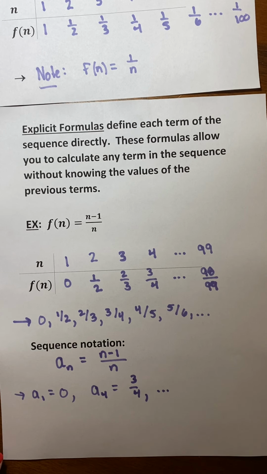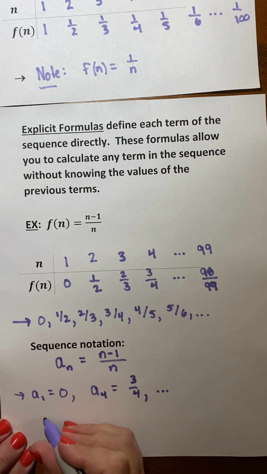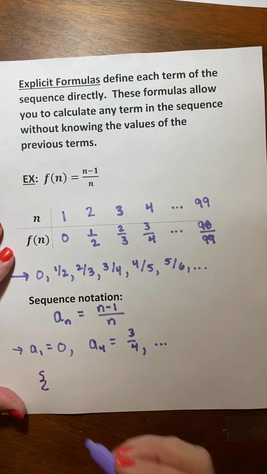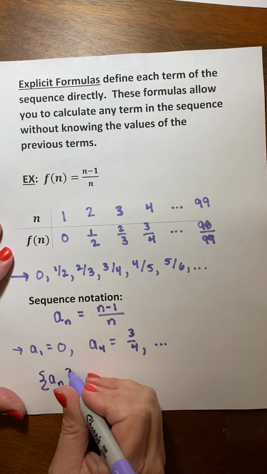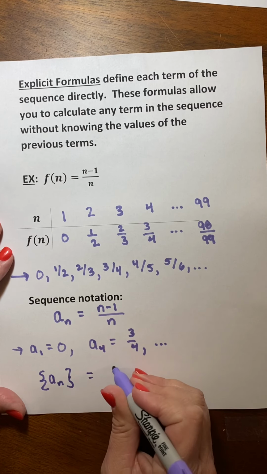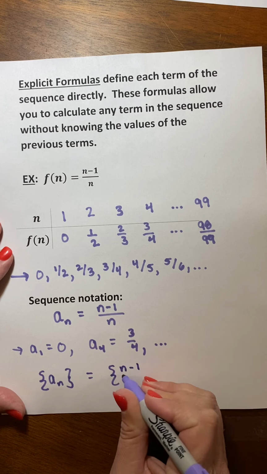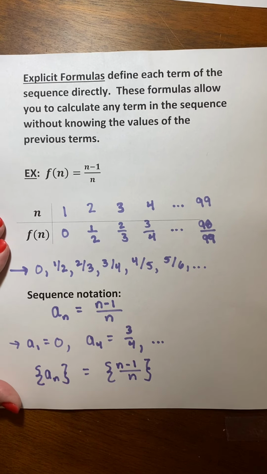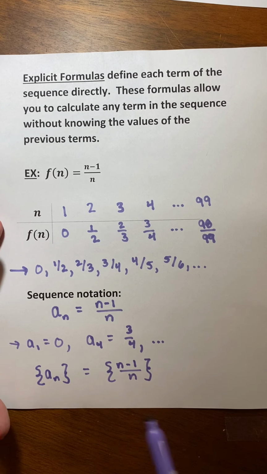Often we use the curly bracket notation. We generically put the sequence a sub n inside the curly brackets. In this case, we know the template for this sequence, so we would actually put the template inside the curly brackets. And for emphasis, sequences don't necessarily have to start at 1. They may start at 0. They may start at another natural number.